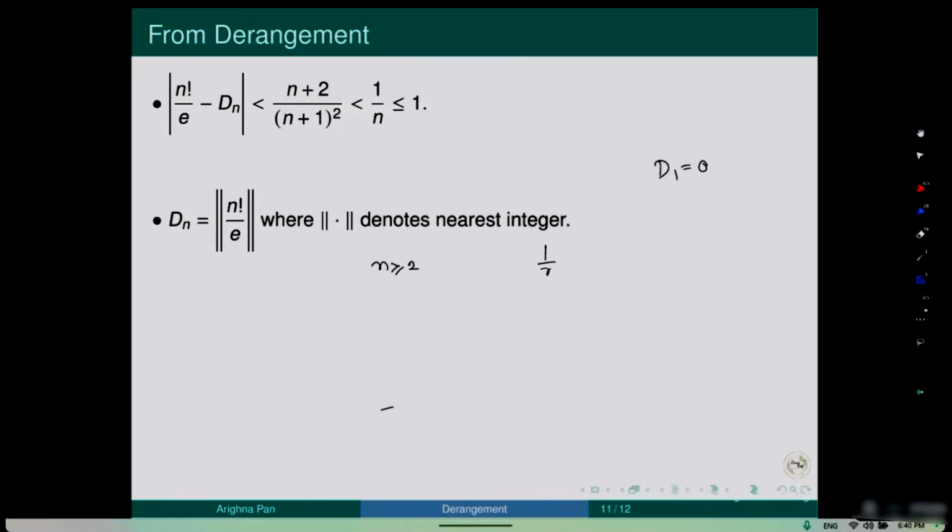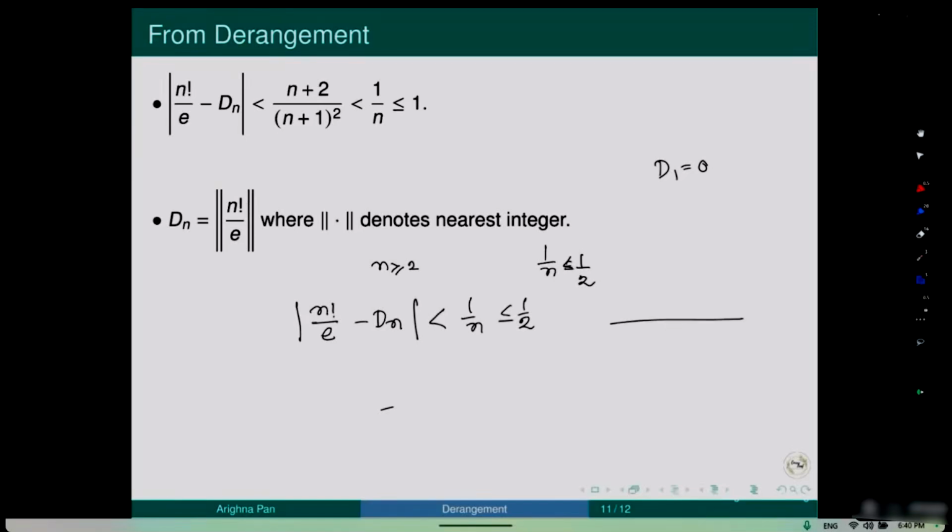Clearly 1 by n is less than or equal to half, right? And from the first inequality, that is less than 1 by n, which is less than or equal to half. So obviously D_n is a number of ways, it should be an integer, right?